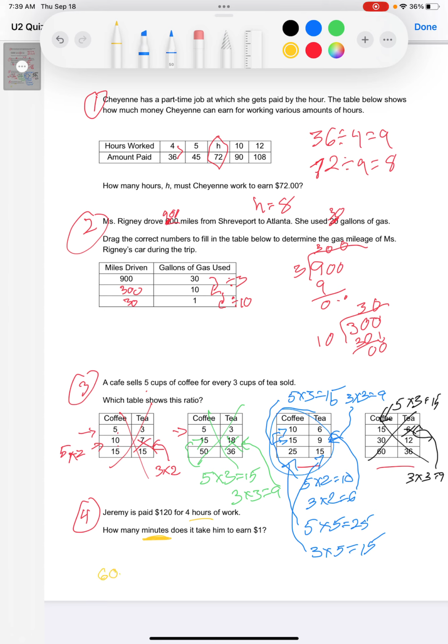Well, there's 60 minutes in 1 hour. So 60 times 4 is 240. So that's $120 in 240 minutes.